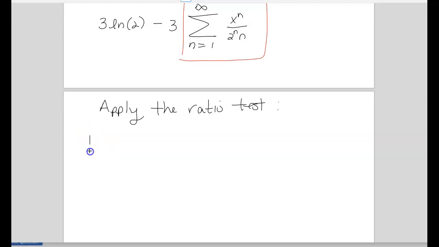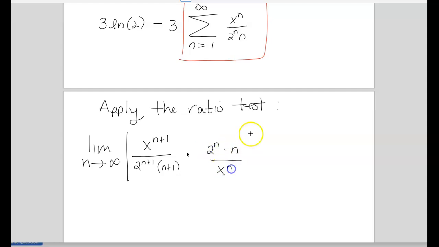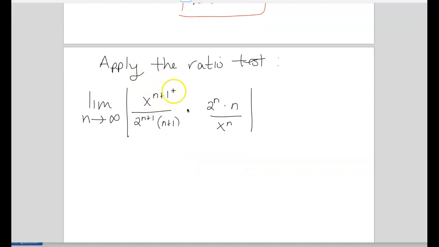We'll say the limit as n goes to infinity of x to the n plus 1 over 2 to the n plus 1 times n plus 1, divided by the reciprocal of this, which is really multiplying by 2 to the n times n over x to the n. You're going to have one factor of x left in the numerator because the rest will cancel out, and you'll have one factor of 2 in the denominator. We can pull those outside the limit.